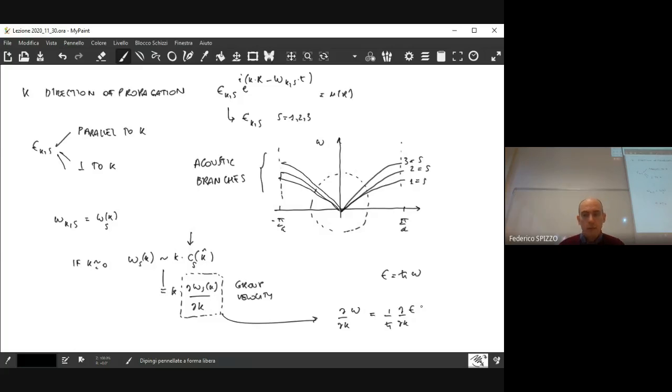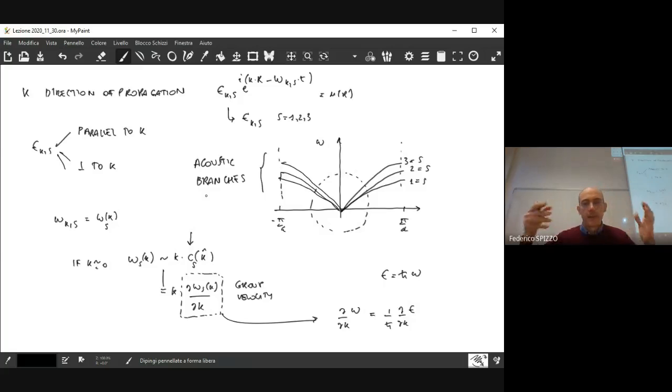So looking back to the electron problem, we may say that the velocity that was found in the case of the Bloch electron is a sort of group velocity of the wave packet that describes the electron, because we said we may not describe the electron with a single wave function.